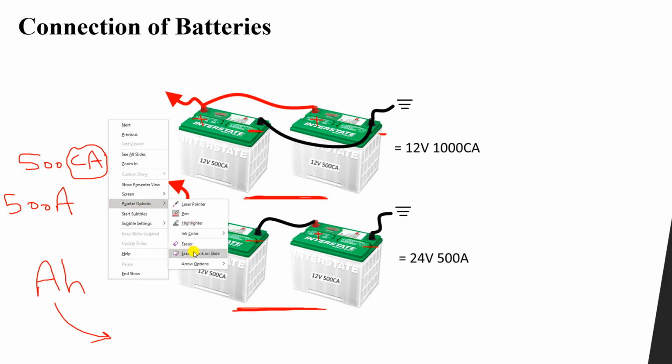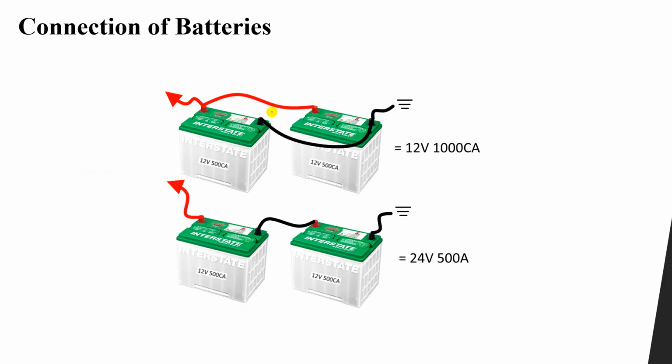So here, in this configuration, each battery can be considered as a DC voltage source. We have the first battery like this, positive, negative, and second battery like this, positive, negative.